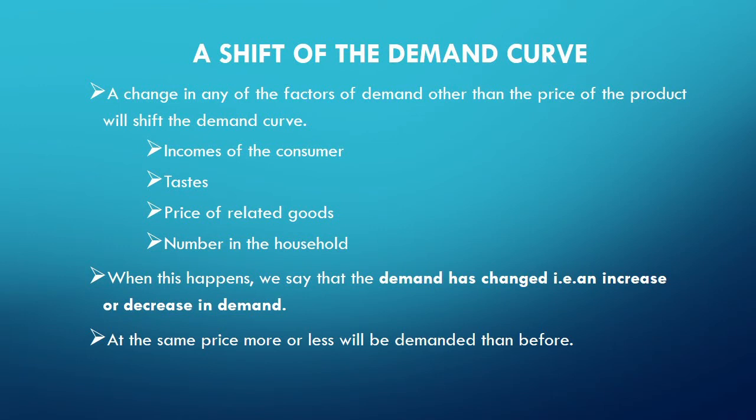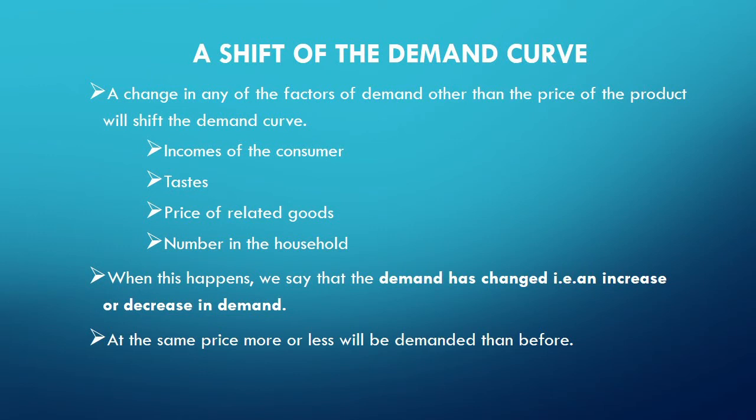When any of these factors change, there will be a shift in the demand curve. Note, price is not changing here. It is any of the other factors that are changing.